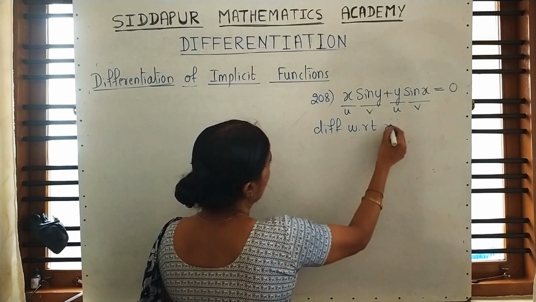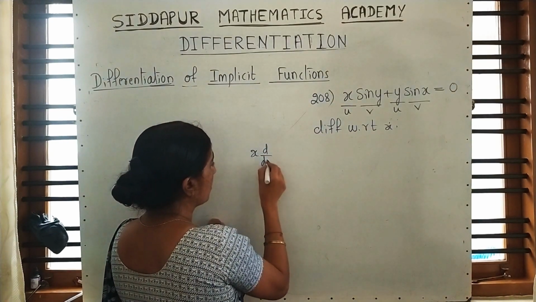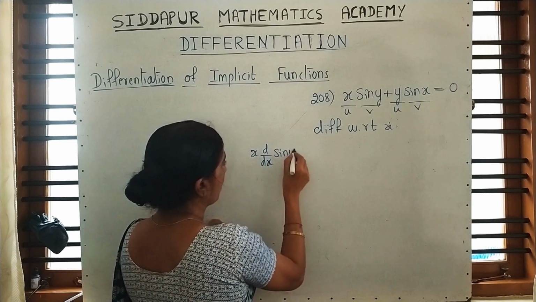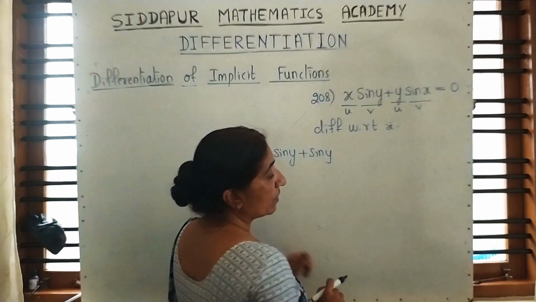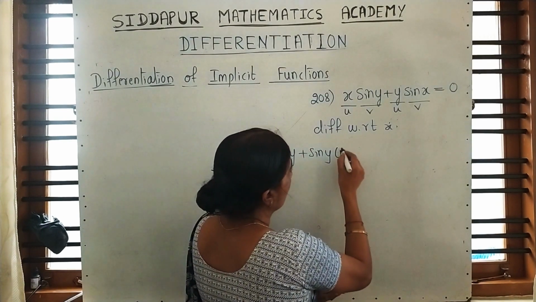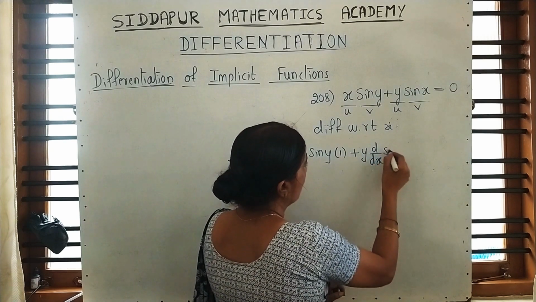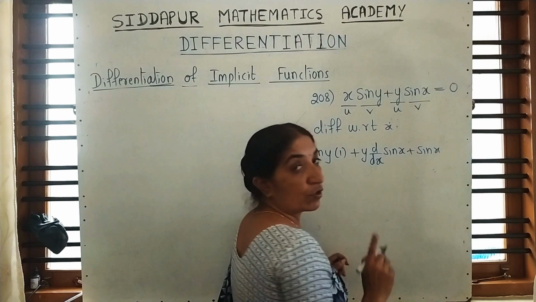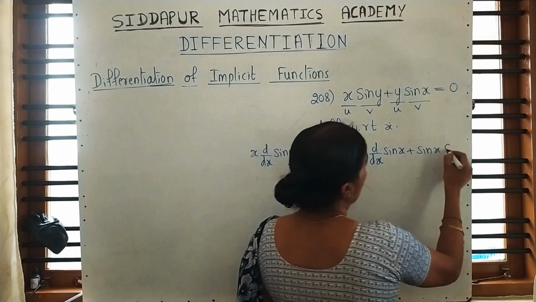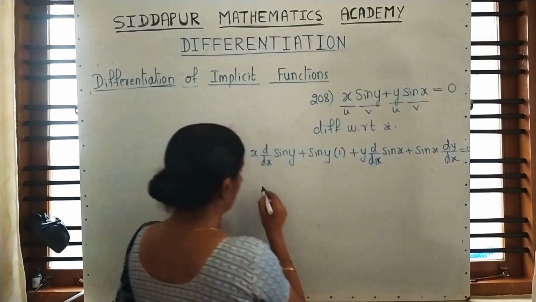Differentiating with respect to x. X as it is, differentiation of sin y. Sin y as it is, what is the differentiation of x with respect to x? 1, plus y into differentiation of sin x, plus sin x. Tell me what is the differentiation of y with respect to x? That is dy upon dx is equal to 0.